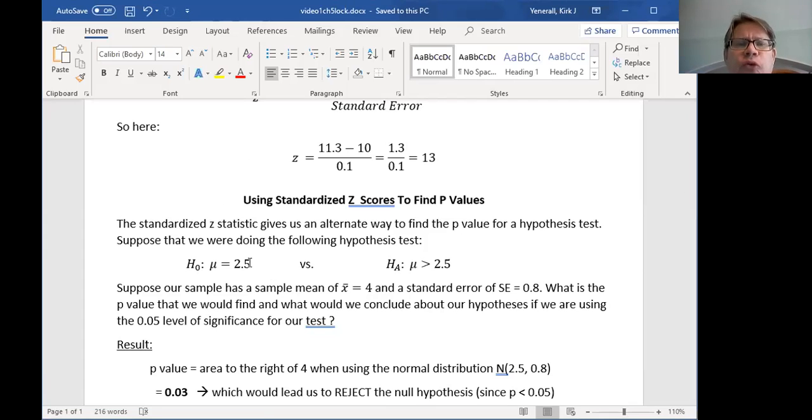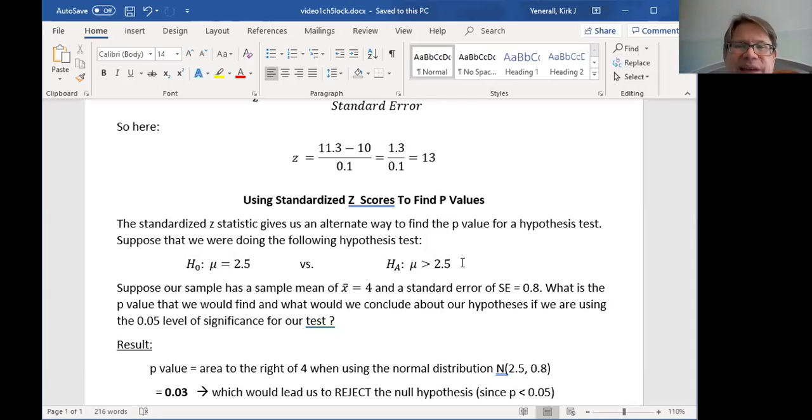Suppose we're doing the hypothesis test that's testing the idea that the population mean is 2.5 versus the alternative hypothesis that mu is larger than 2.5. So we have a right-tailed test here, not two-tailed.